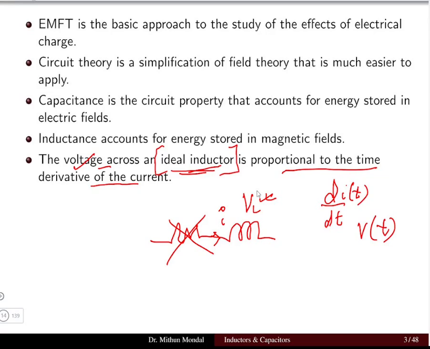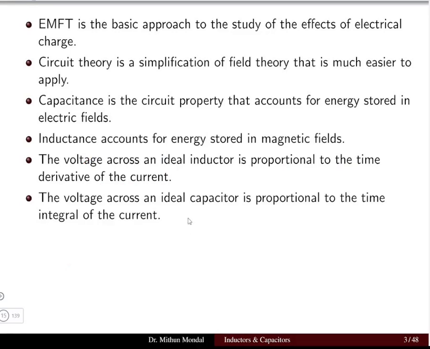We did not discuss functions of time when there was a resistance, because resistance is a constant property that does not change with time. The voltage we discussed, I times R, was constant because we were talking about a DC quantity with no change. Now, in inductors and capacitors, the voltage will change with respect to time.